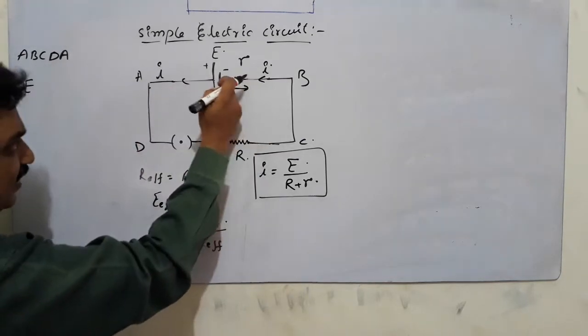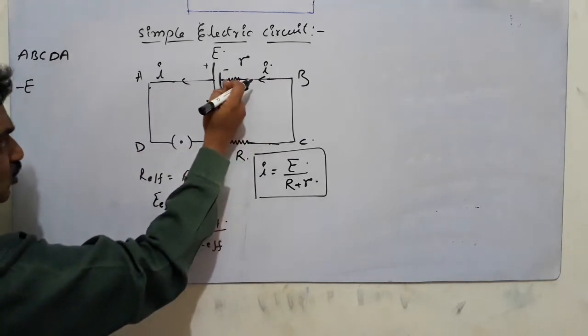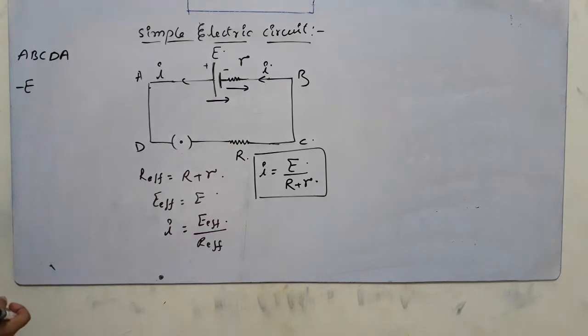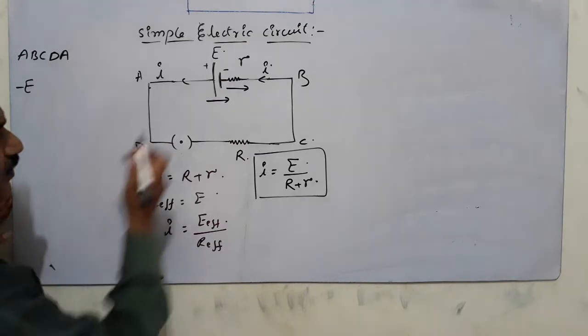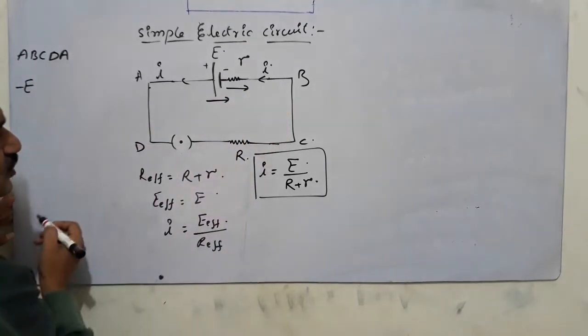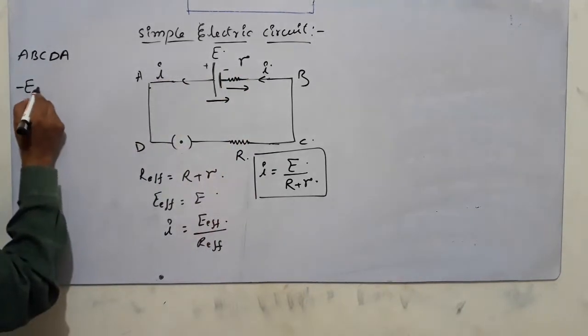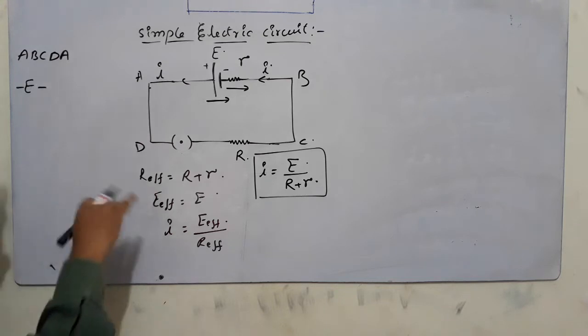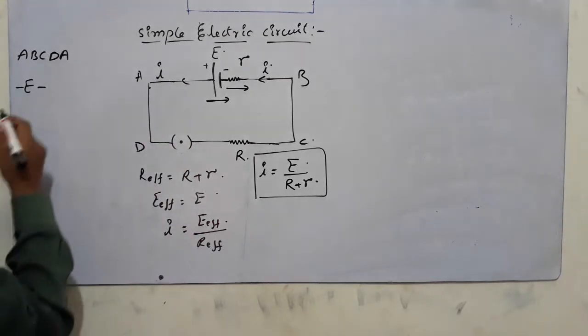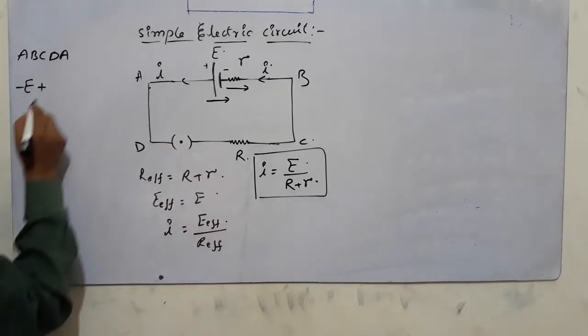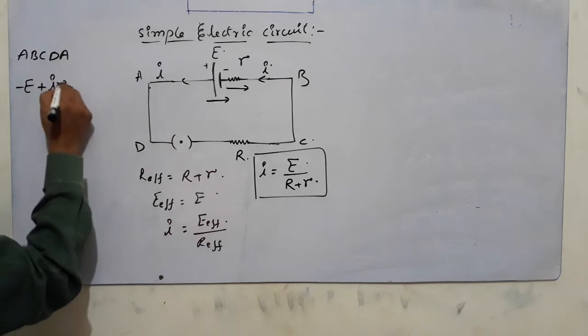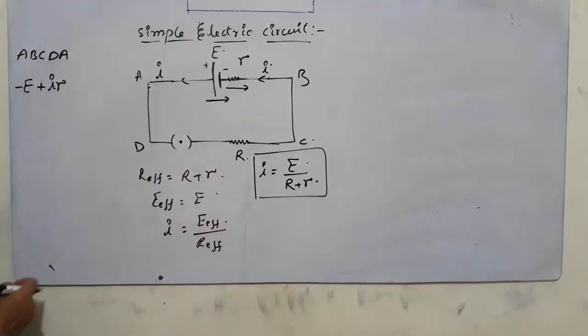But here what has happened? You are moving against the current. So across this resistor the potential is raised. That is by I into R, the potential difference across this resistance.